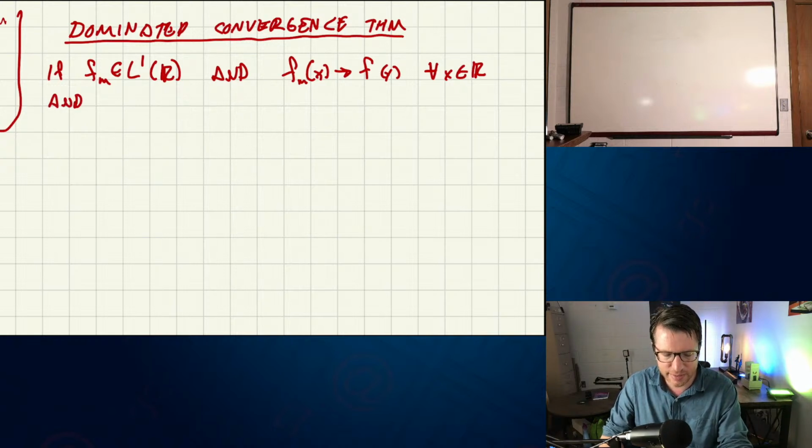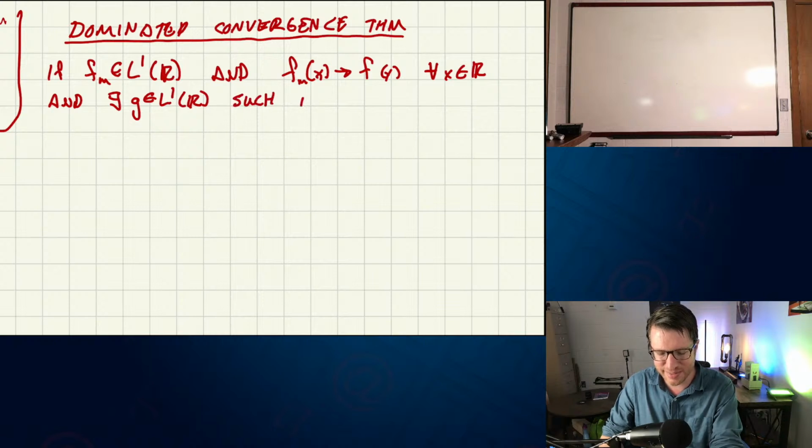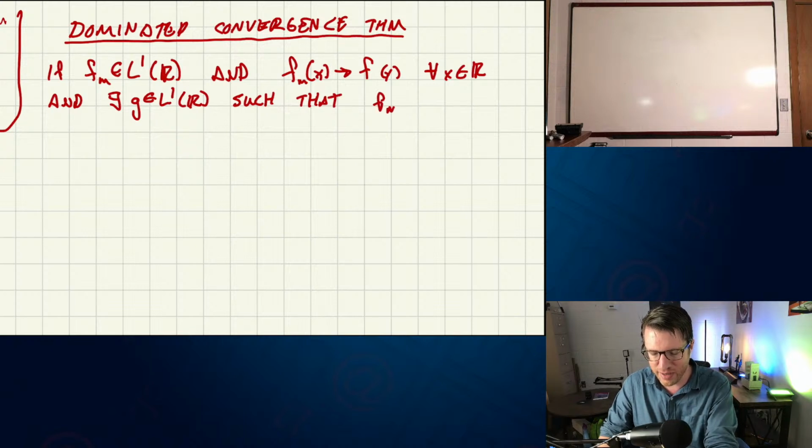And there exists some g of x, say g in L1 of R, such that we get the absolute value of f_m of x is bounded by g of x for all x.